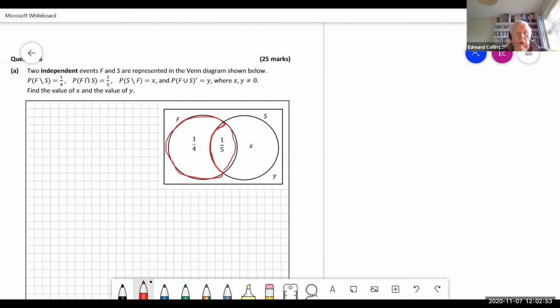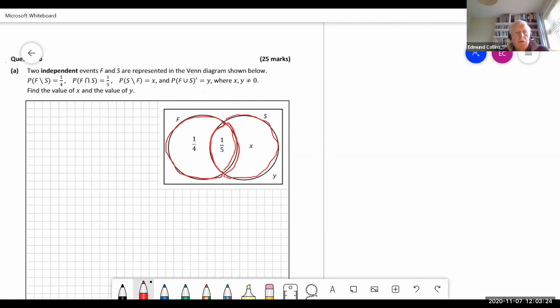So that's 1/5. And then the probability of S not F, so again, similar to what we looked at, F not S. This is part of the Venn diagram, and that's given to us as X. And then the complement here.